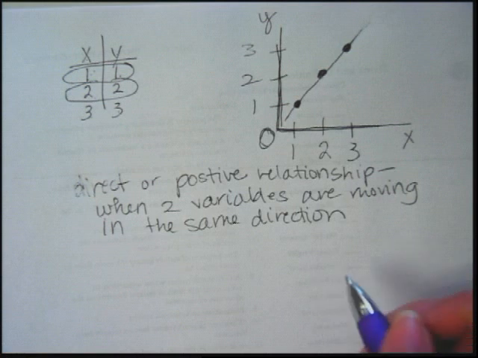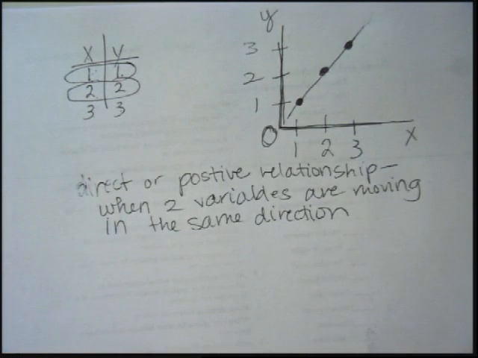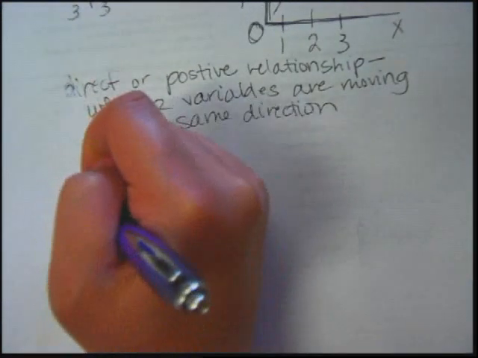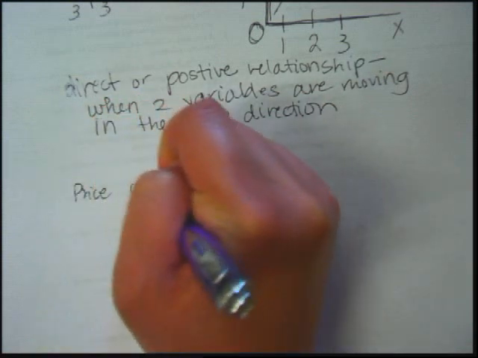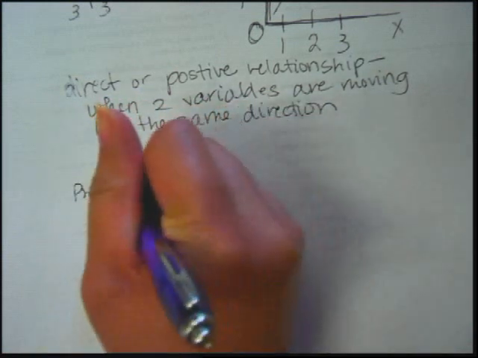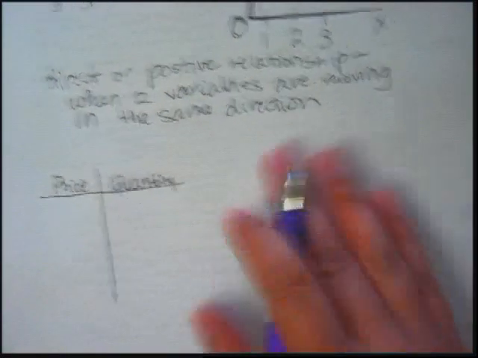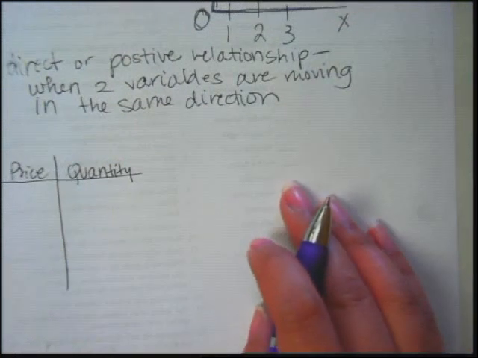Excuse me. So let's talk about some different variables now. Instead of x and y, let's put price and quantity here. And let's pretend that we're talking about t-shirts. So school's about to start.